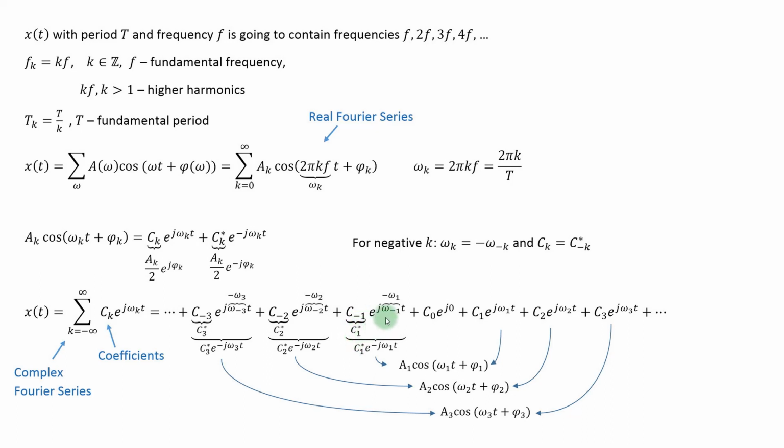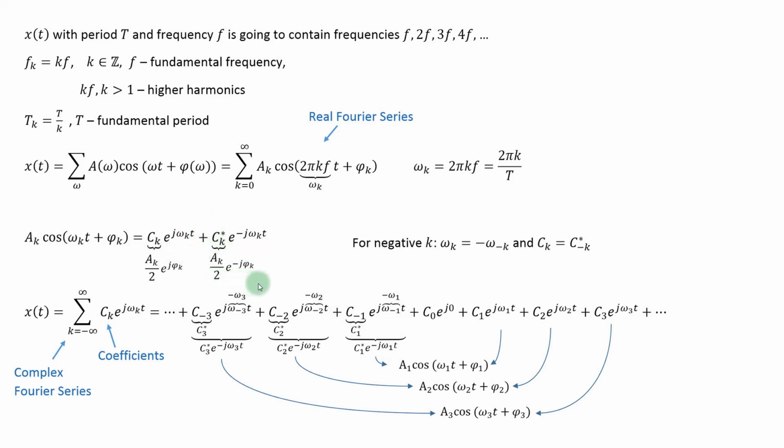And we will also define that omega with the index minus 1 is equal to minus omega 1. When we do this definition and this definition, this expression will turn into this one, which actually corresponds to this part of this cosine for k is equal to 1.